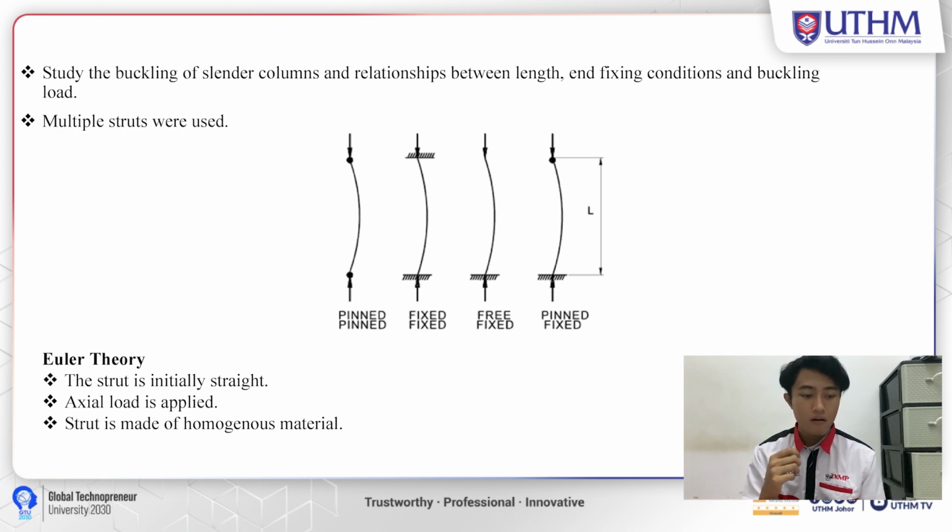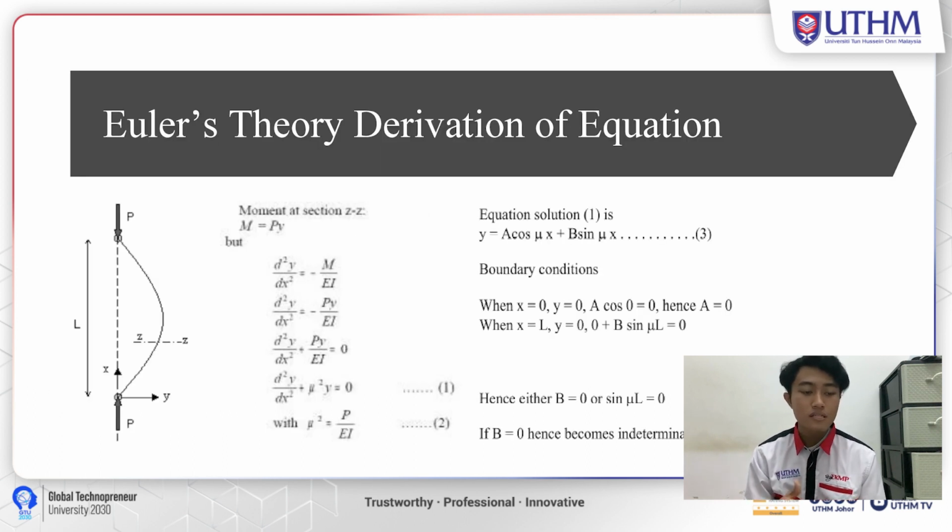According to Euler's theory, the strut is initially straight, the axial load is applied, and the strut is made of homogeneous material. This is the derivation of Euler's equation.